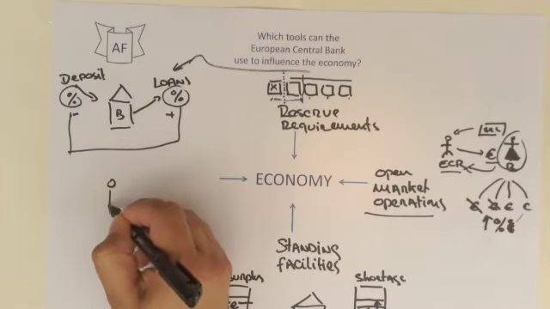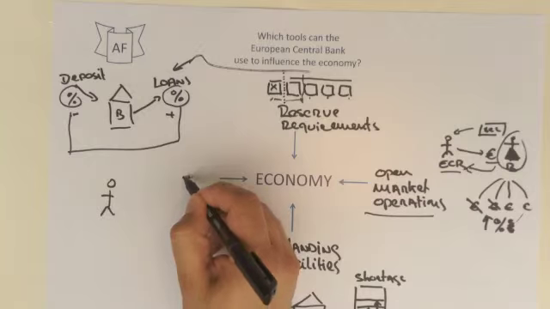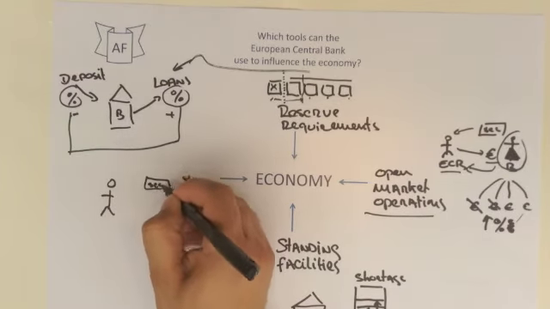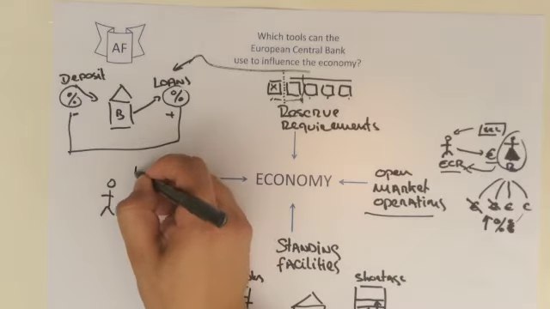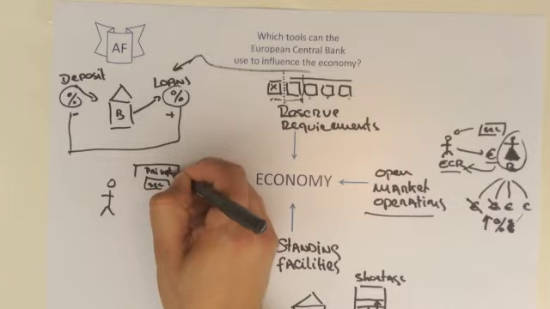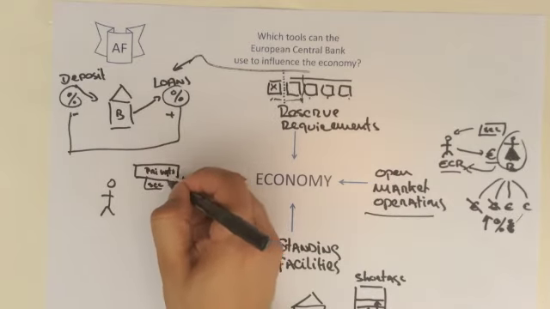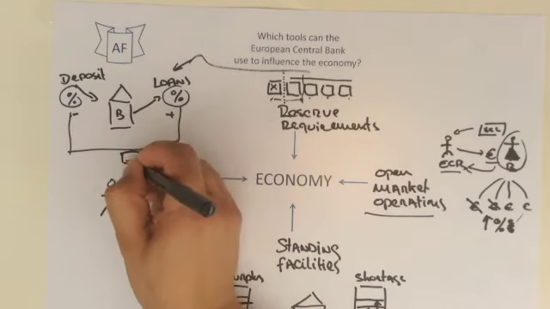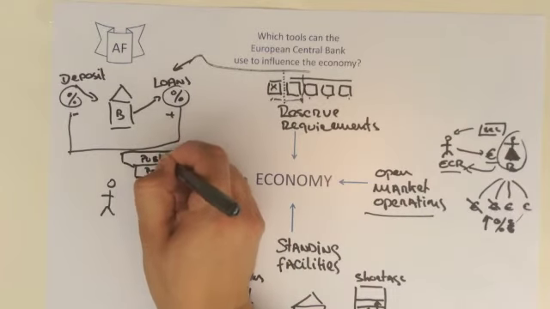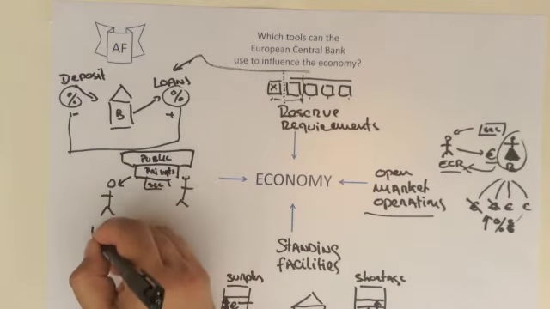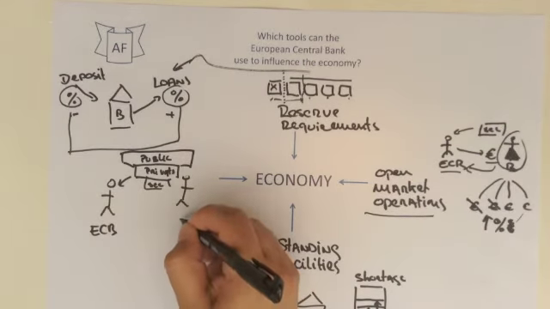So you still have the ECB that comes in. But instead of just buying government securities, they will also buy private securities. And in the case of the European Central Bank, as announced earlier this year, they might even buy public securities. And so these are bought by the ECB from financial institutions.